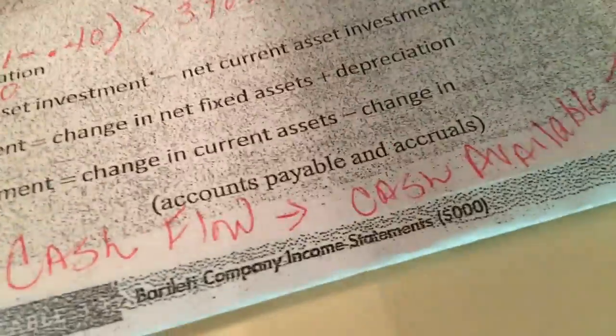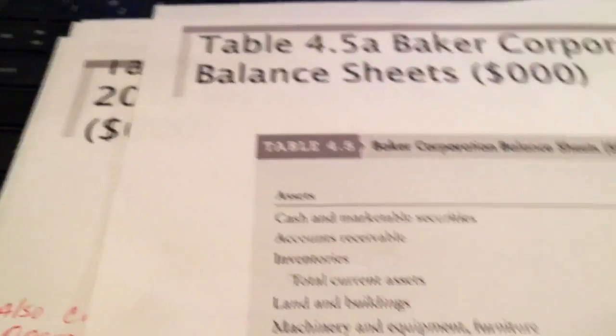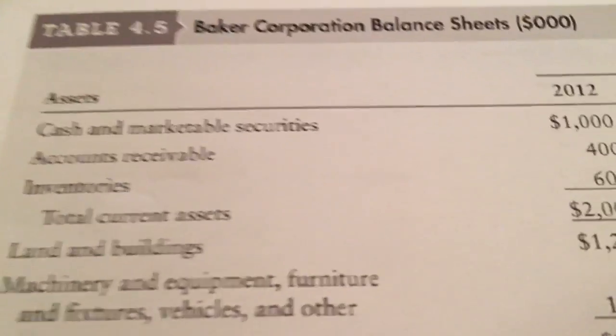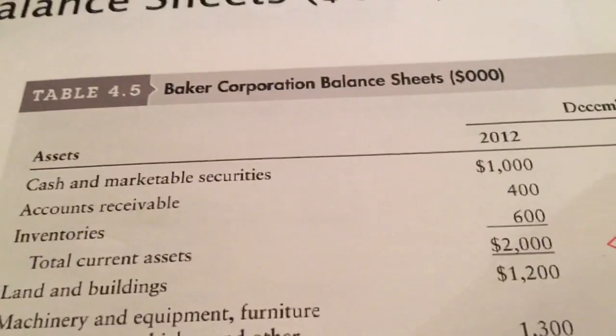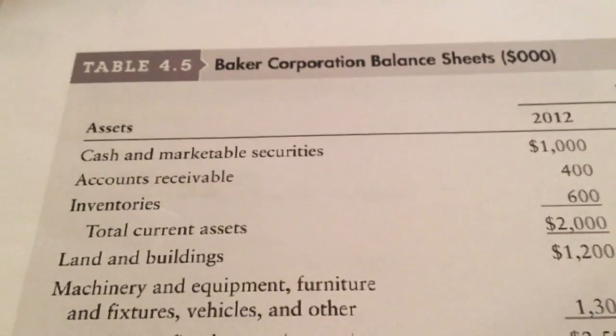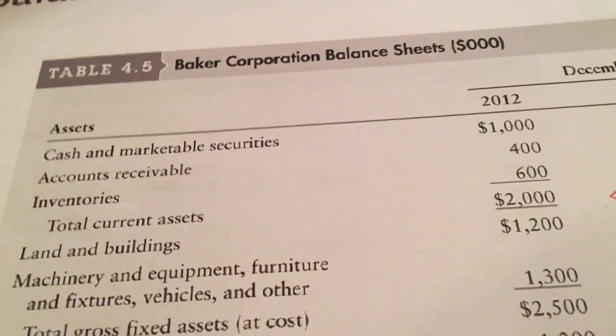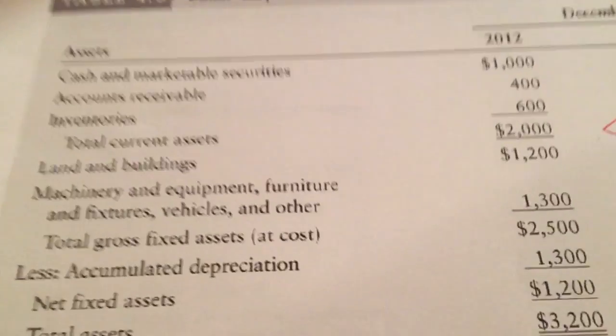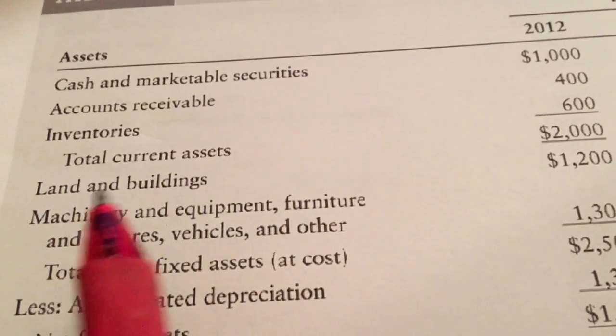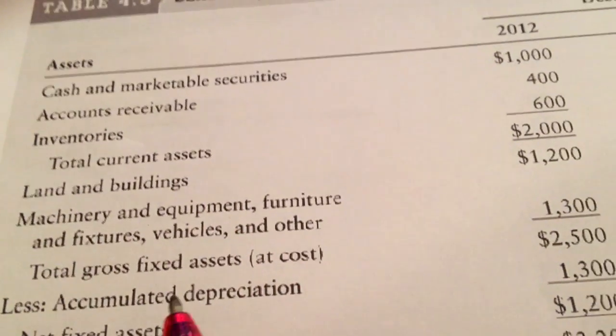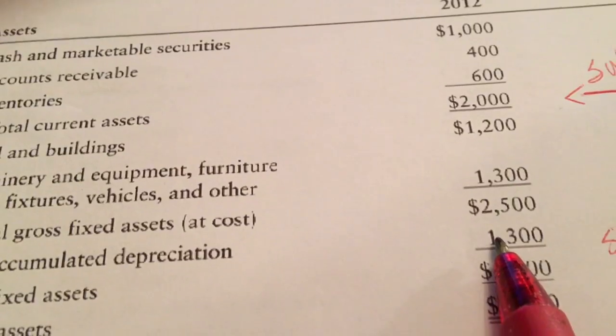So go to your balance sheet under the assets, and let's look at the 2 categories. Current assets would be those that you use for a year or less. Fixed assets are your long-term assets, land, building, machinery, and then you subtract out depreciation.